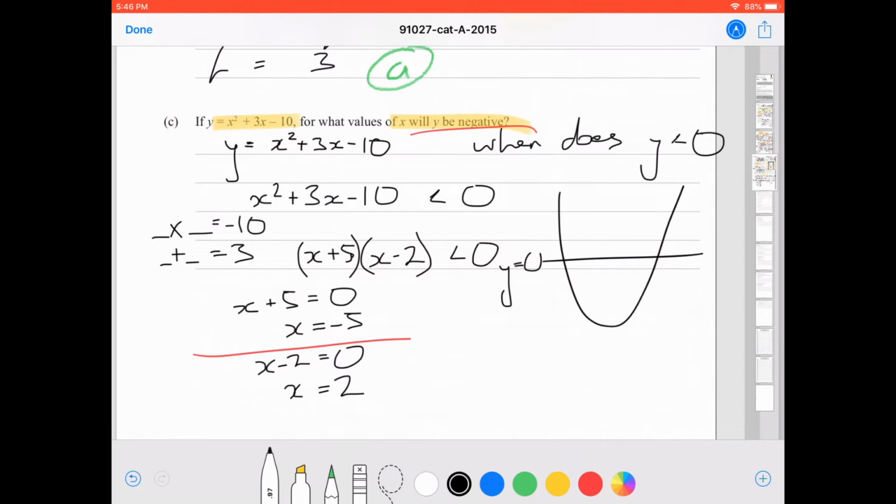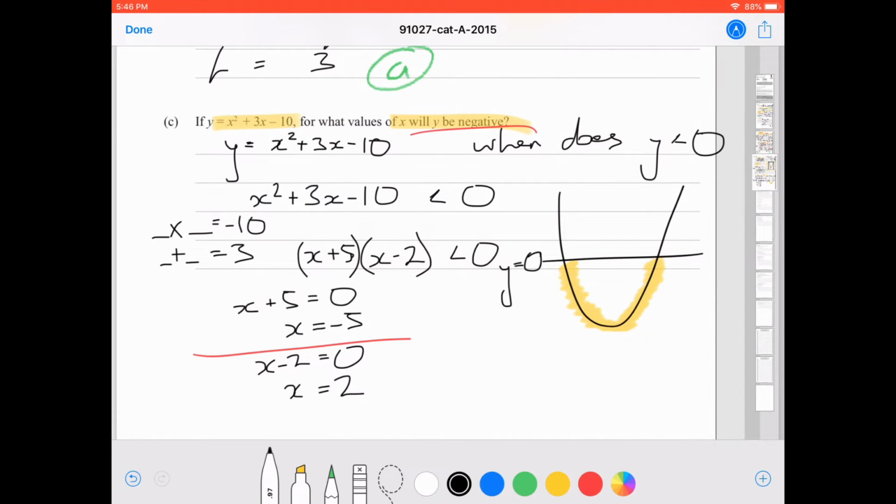So this is y equals 0, and therefore everything below y equals 0 is the required region, and so we're looking for the corresponding x values, is the best way to put it.